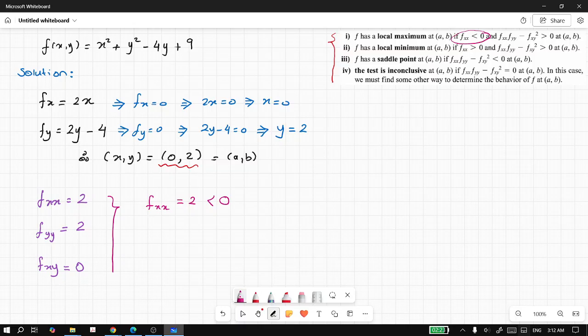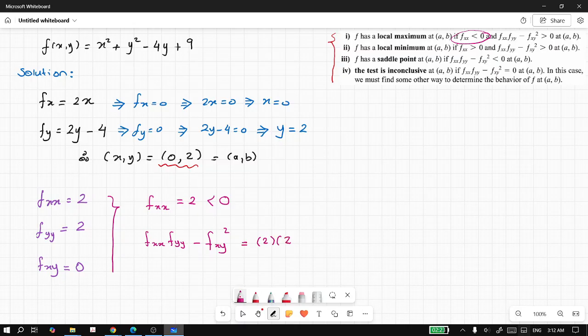Okay, now let's check if the discriminant satisfies this one or not. So what do we have for the discriminant? The discriminant says that f sub xx multiplied by f sub yy minus f sub xy squared. Let's see what it is equal to. F sub xx is equal to 2.